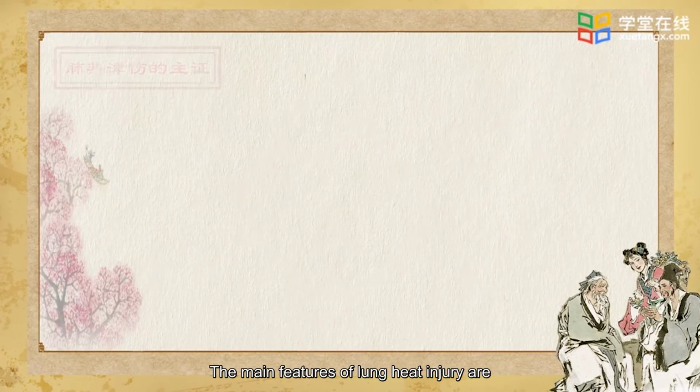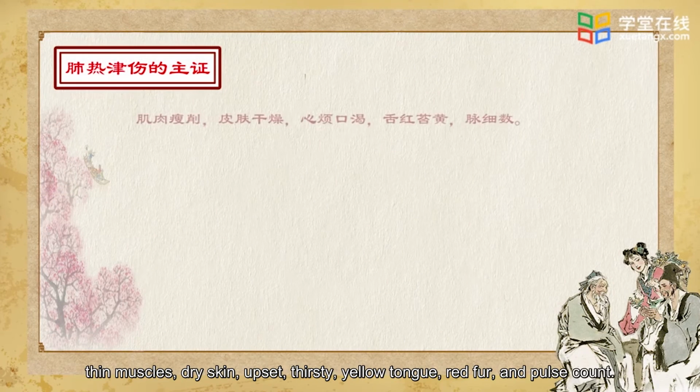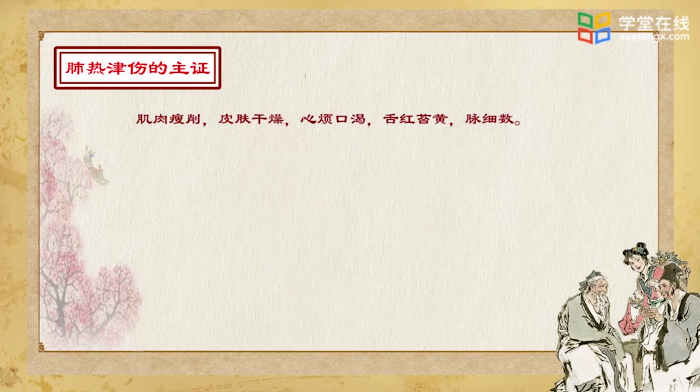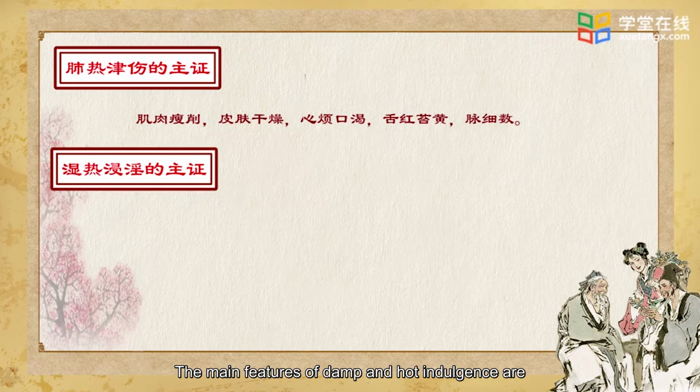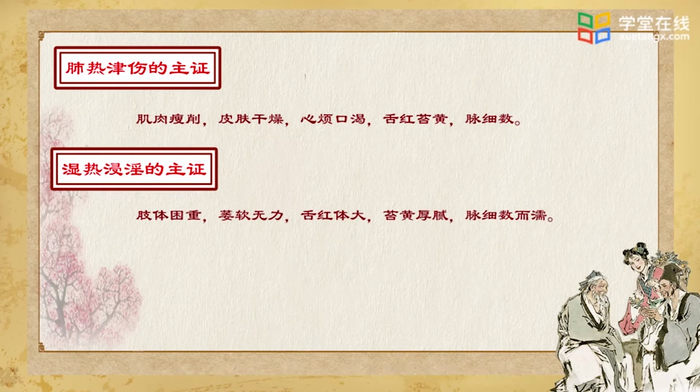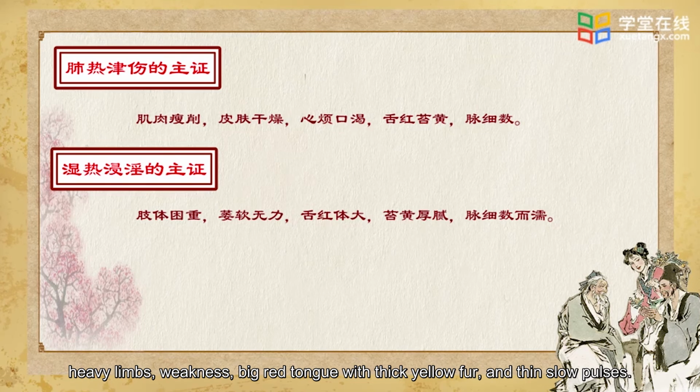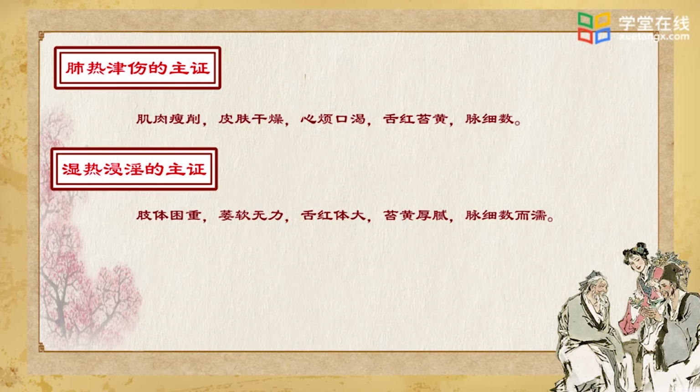The main features of lung heat injury are thin muscles, dry skin, upset, thirst, yellow tongue with red fur, and rapid pulse. The main features of damp and hot indulgence are heavy limbs, weakness, a big red tongue with thick yellow fur, and a thin, rapid pulse.